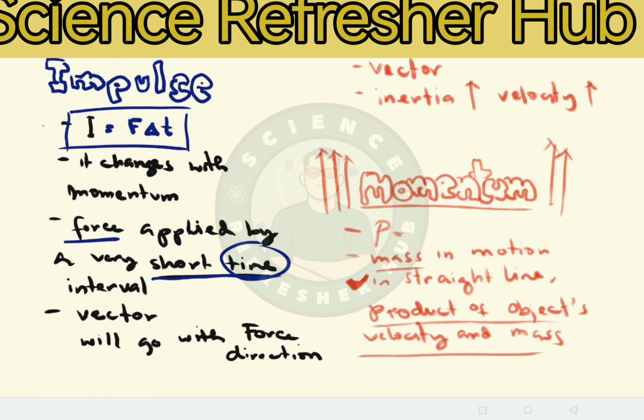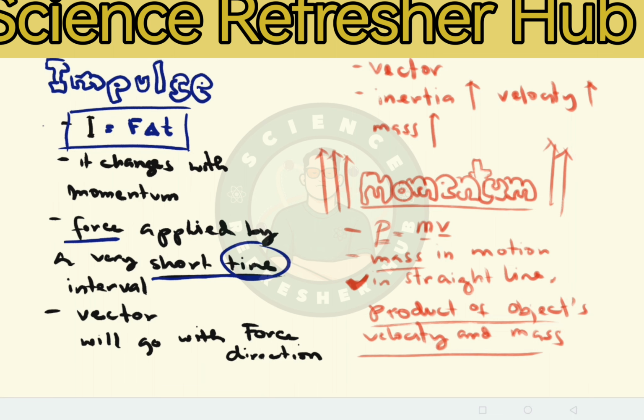So p is equal to mass times velocity. If the mass has a lot of magnitude, or the object is heavier, the higher its momentum. And the faster the object moves, the higher its momentum.